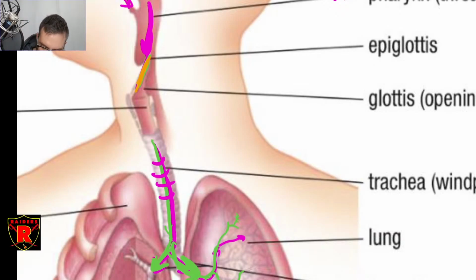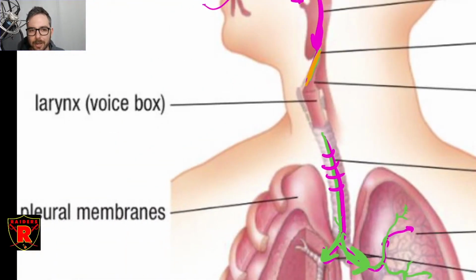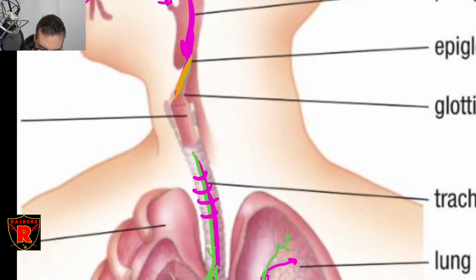The larynx is where your Adam's apple, the little bump, is right here. When the larynx slides up when you swallow, this little flap, the epiglottis, slides down.